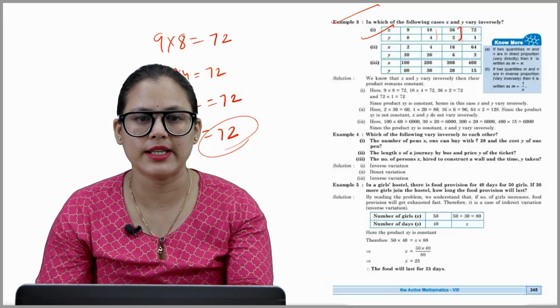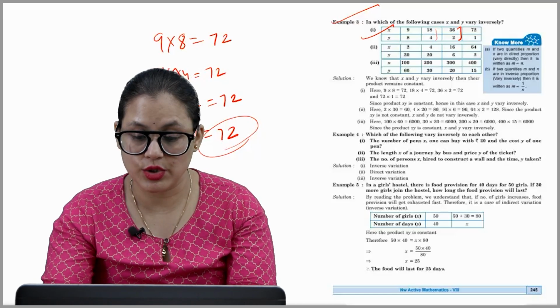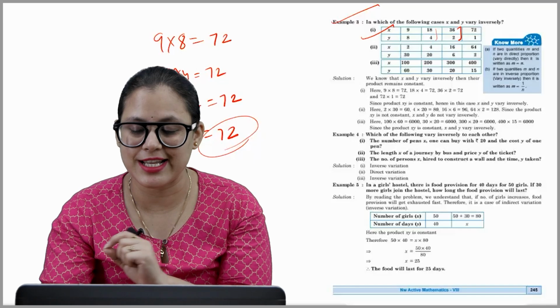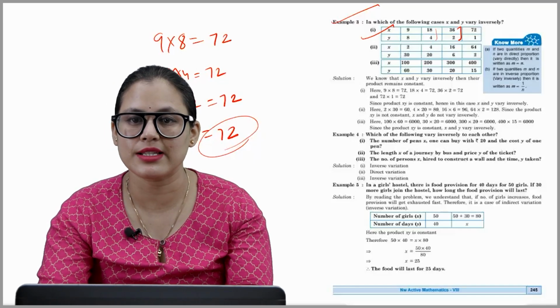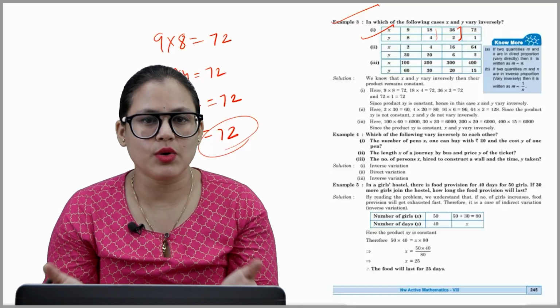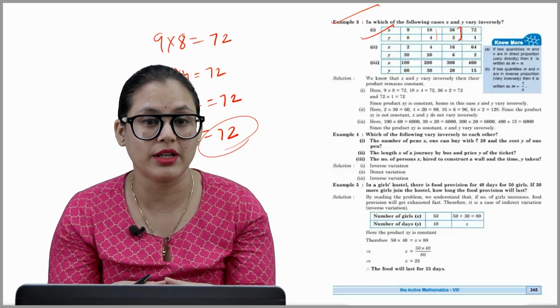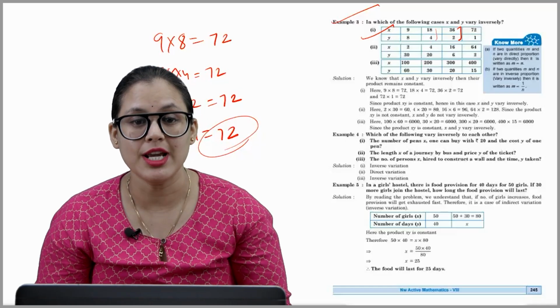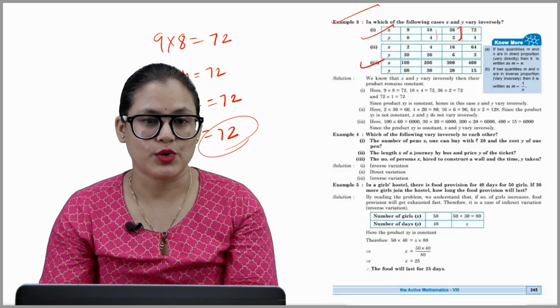Then let's check out the second case. 2 into 30 is 60, 4 into 20 is 80, 16 into 6 is 96, and 64 into 2 is 120. Now in this case, the product is not constant, therefore x and y do not vary inversely. Okay, similarly you will do the third part also.